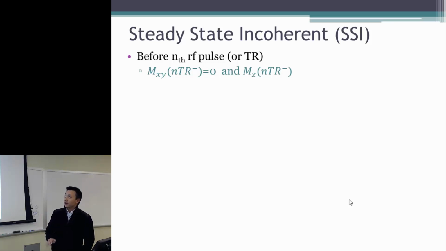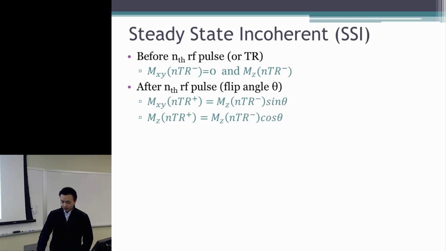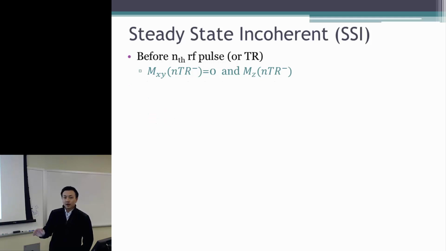Let's say we have already reached a steady state, and this is just for the simple gradient echo (GRE) sequence. We applied a series of RF pulses with flip angle theta. Assume we have reached steady state.